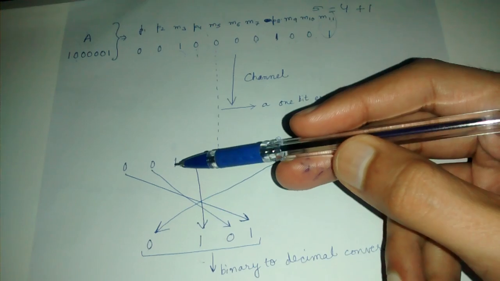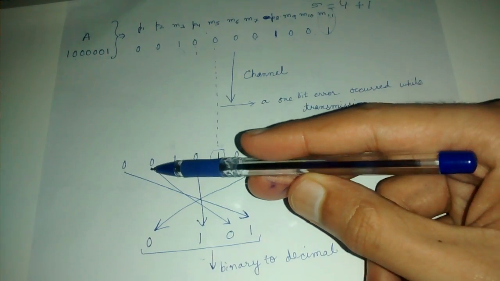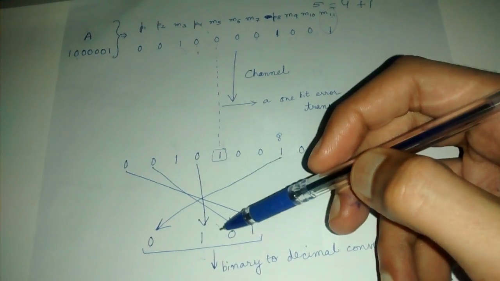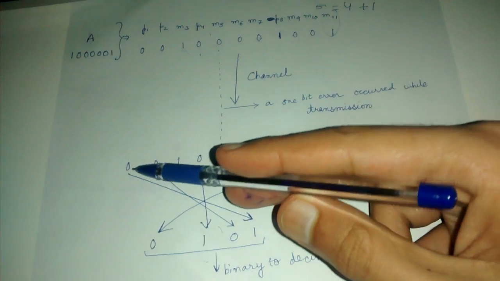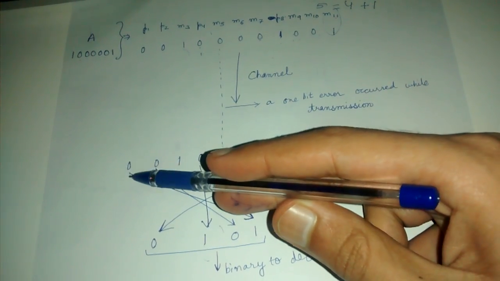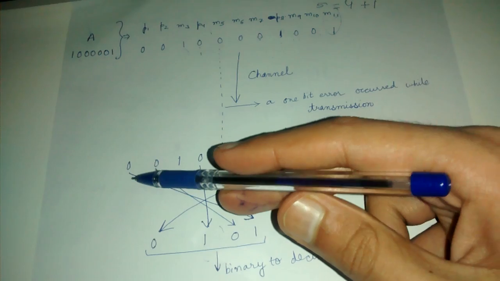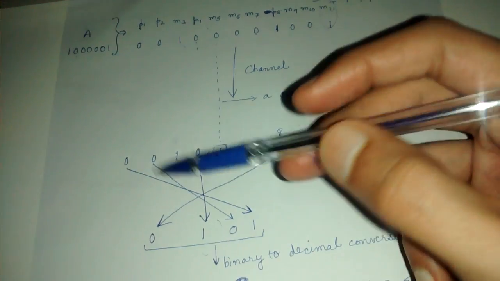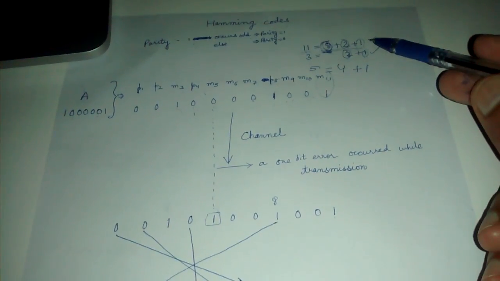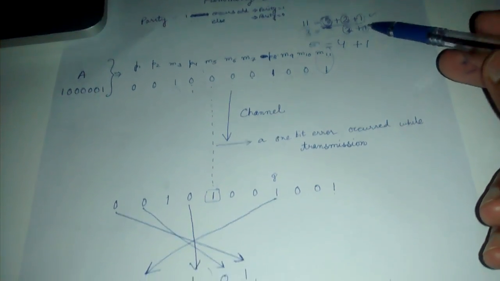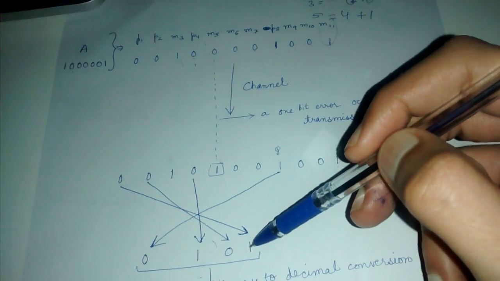Again we compute the parity of the 2nd bit, and this comes as 0. Finally we compute the parity of the first bit, that is P1, and 1 now comes in 3 representations, this one, this one and this one, so the parity comes as 1.